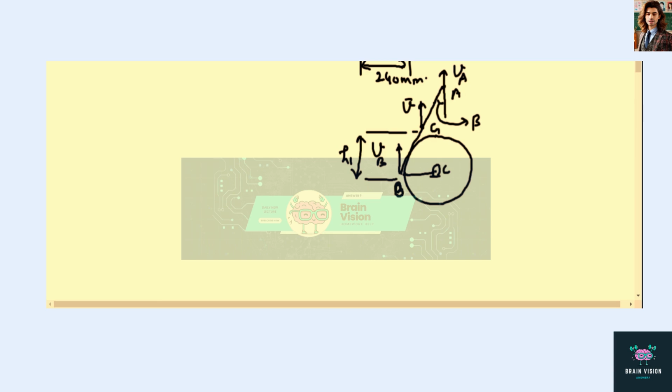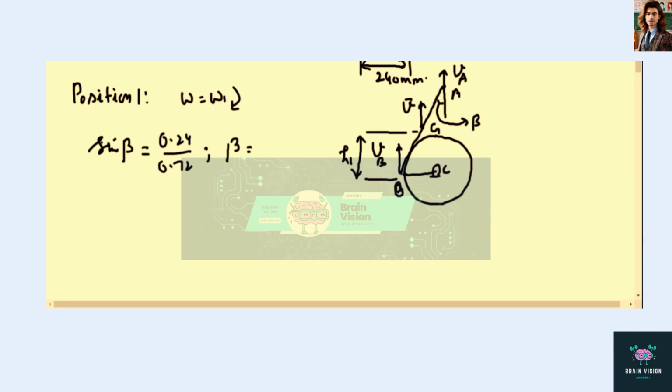So for position 1 as shown in figure, omega is equal to omega 1 in clockwise direction. Sine of beta is equal to 0.24 upon 0.72. So it will be 19.471 degree.